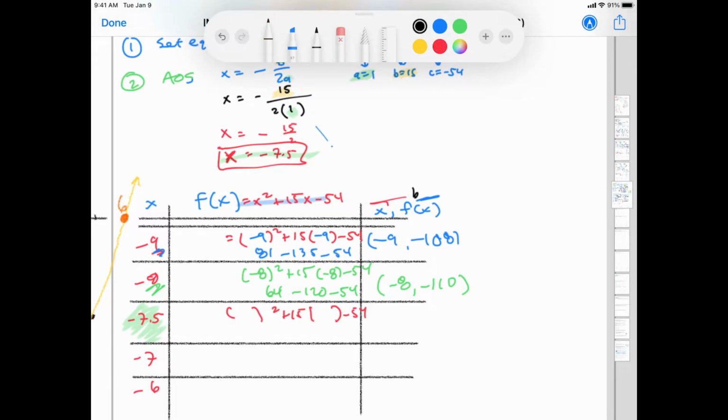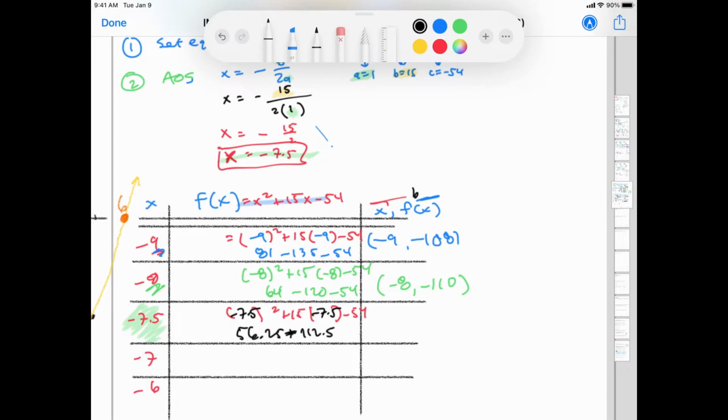Let's put in negative 7.5. 7.5 times 7.5 gives you 56.25. 15 times negative 7.5 gives me negative 112.5.